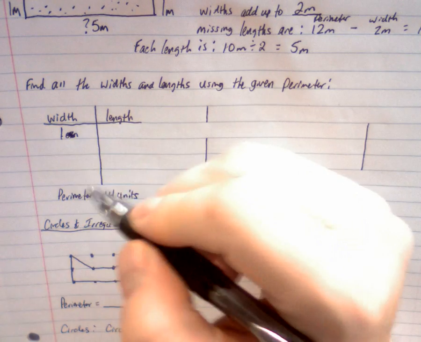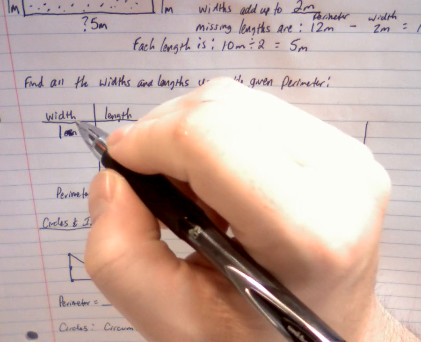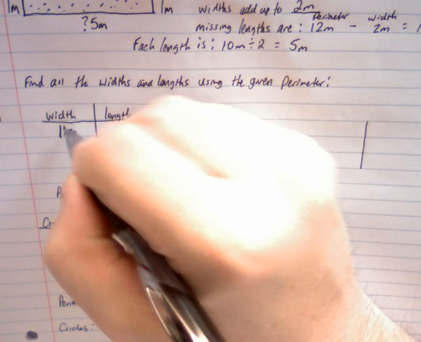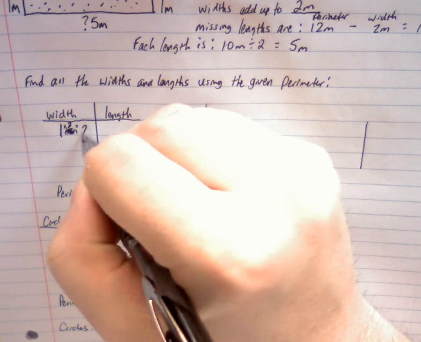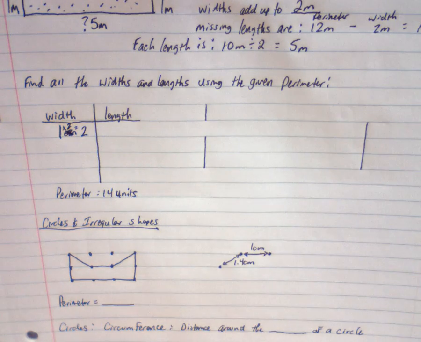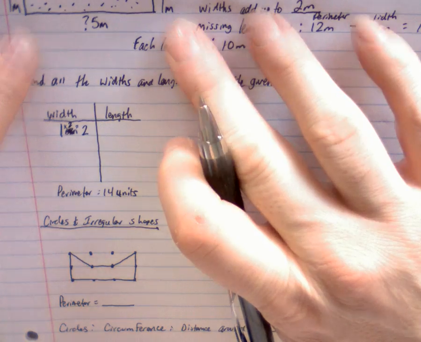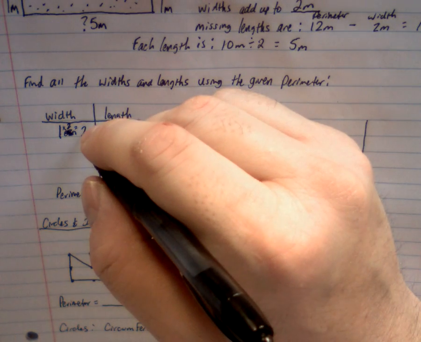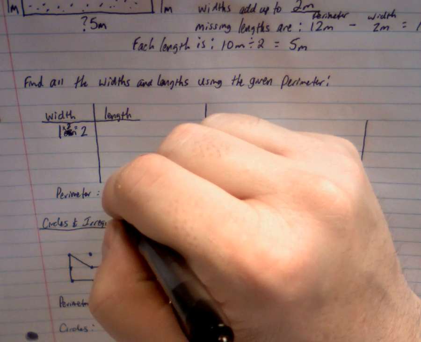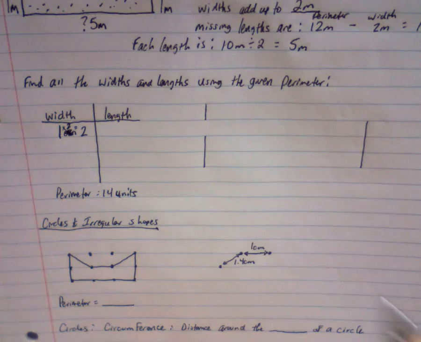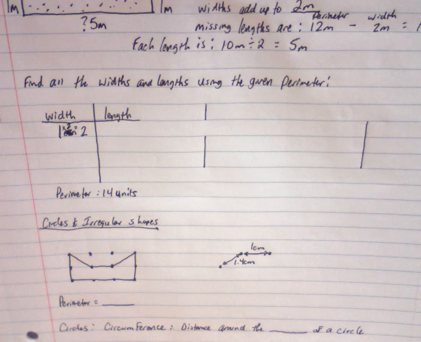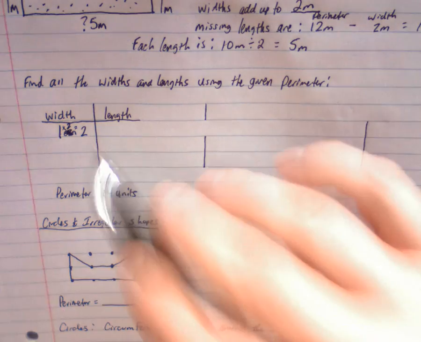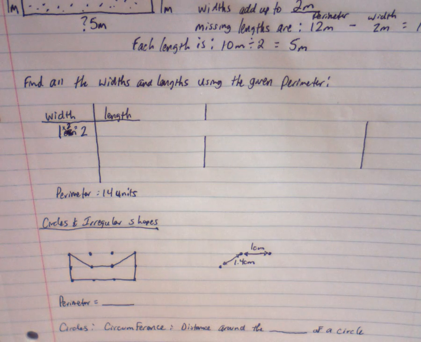If my width is 1, because I know I have 2 sides, that would give me 2 for the total width, just like I did up here. You add them together, right? So if I know that my width is 2, and I know my total units are 14, how much can I possibly have for the length? Well, 14 minus 2 gives me 12.